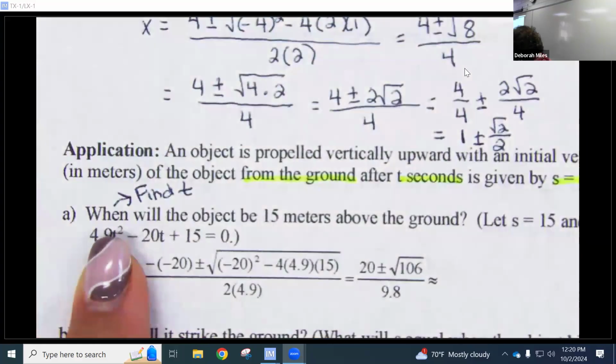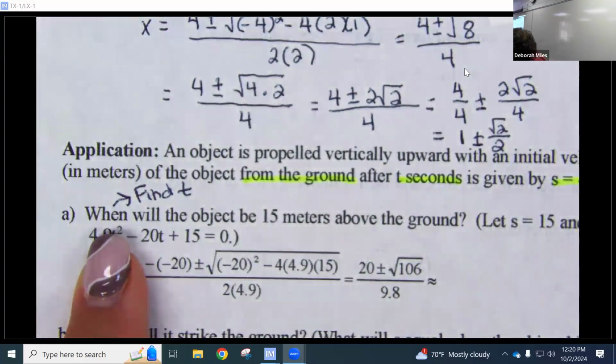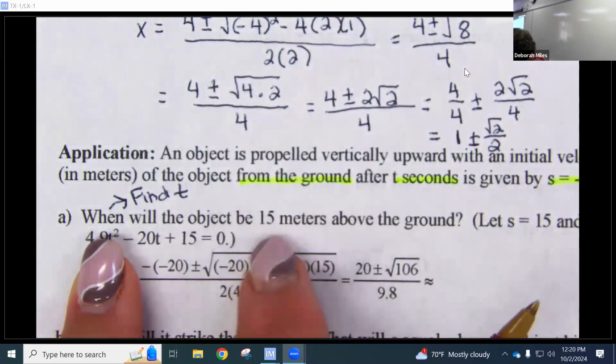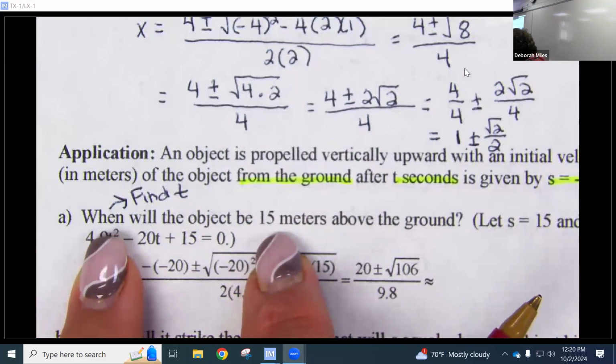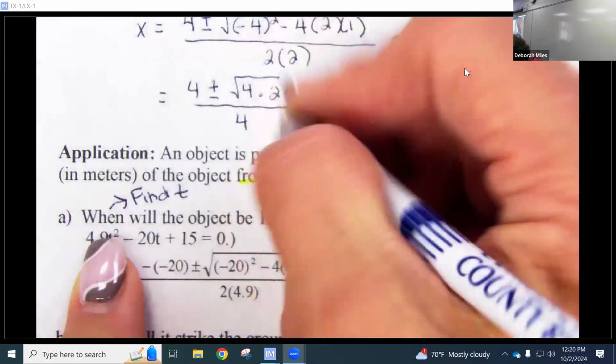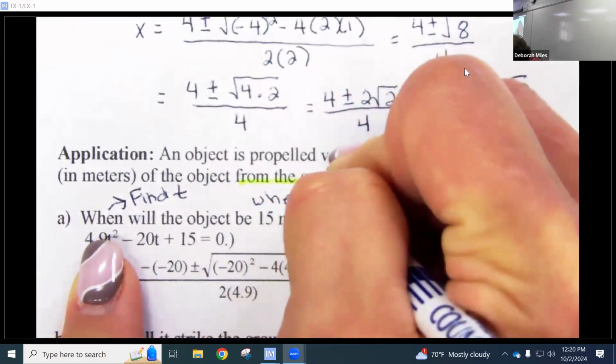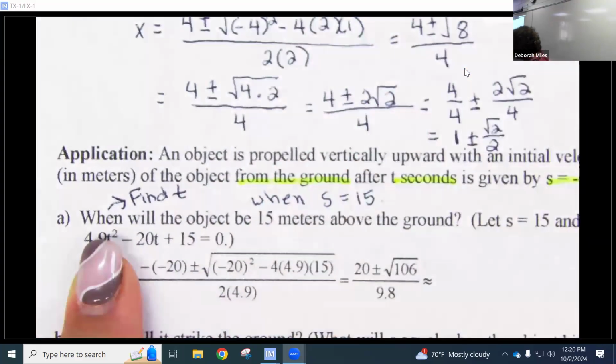That's a time. When means find T. When the object is 15 meters above the ground. What's that 15? That's my distance. Find T when S equals 15.